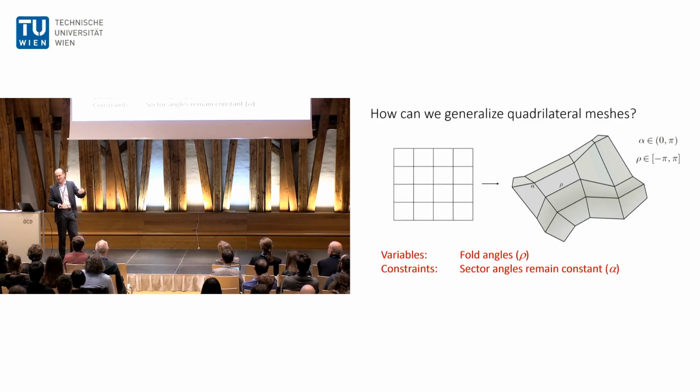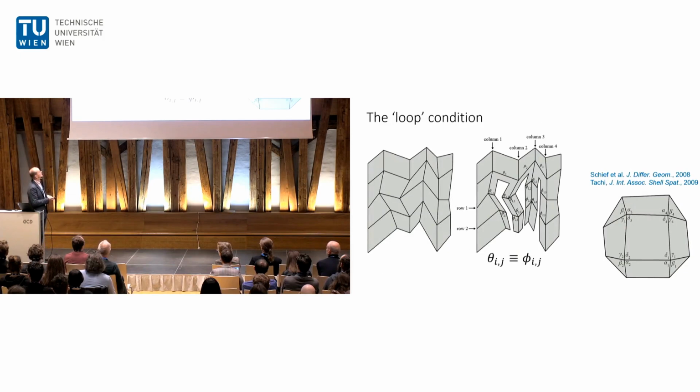So how can you have a system where you can vary the fold angles but keep the sector angles constant? And the approach that we reached here, after a lot of help from Ivan and other people in this room, is as follows.